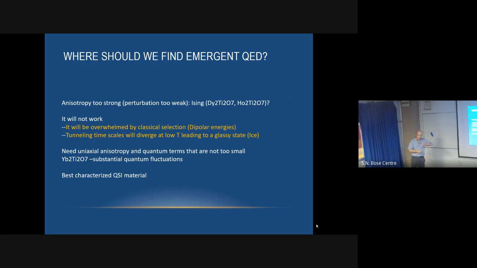You're going to basically be stuck in the classical ice configuration. But you also don't want it to be too large in some sense. Okay, so basically you need uniaxial anisotropy and quantum terms that are not too small, but perhaps they can't be too large either, because then this whole perturbation idea will be wrong and something else might happen.